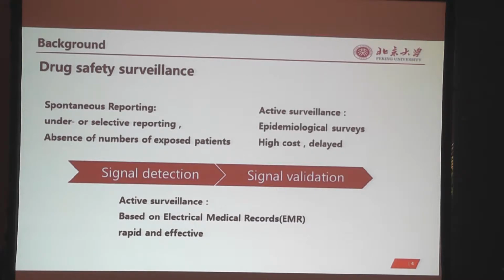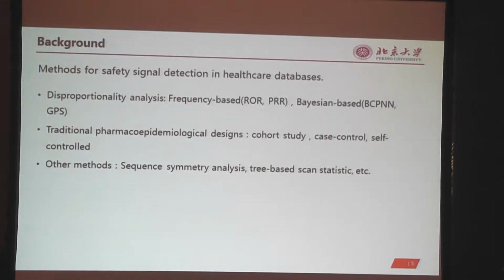Although signal detection based on the SR is still improving, the availability of large healthcare databases opens opportunities for us to rapidly and effectively detect safety signals. Here are the methods for safety signal detection in healthcare databases.